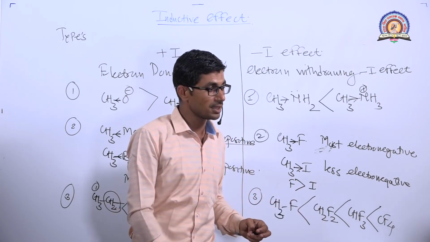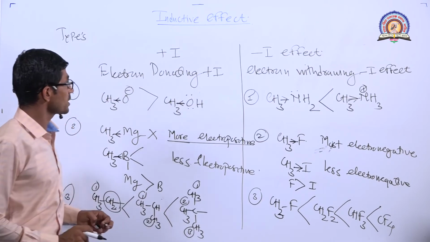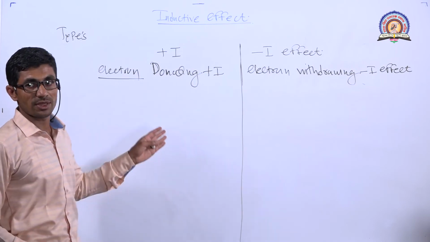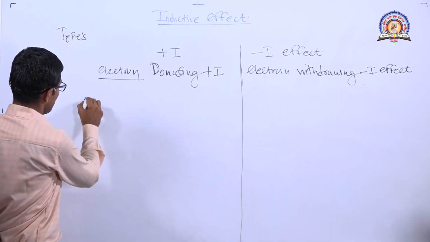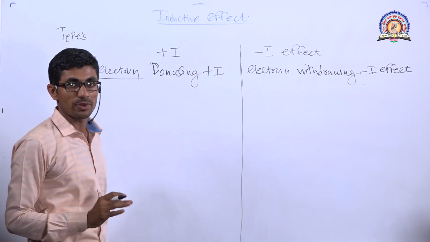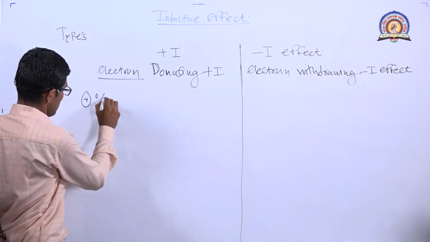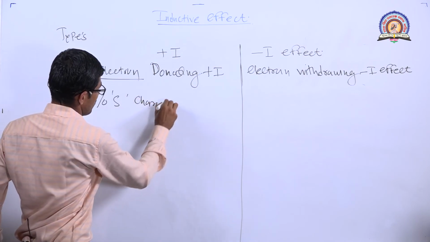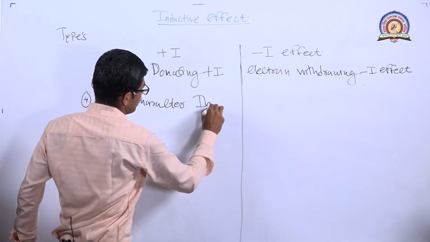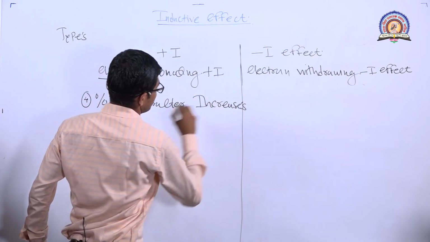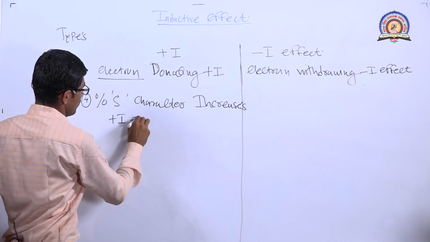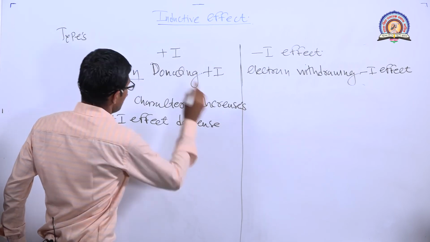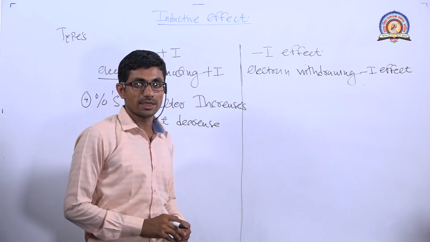And the last factor is the percentage of s character. As the percentage of s character increases, the plus I effect decreases.